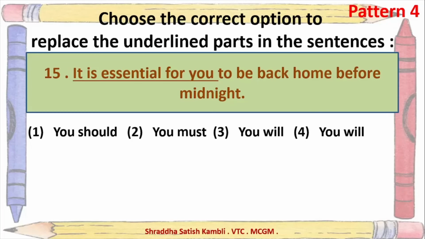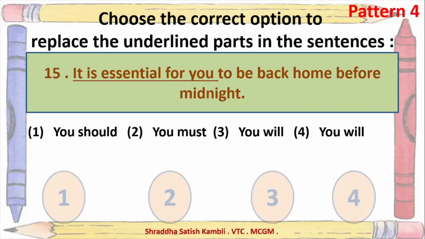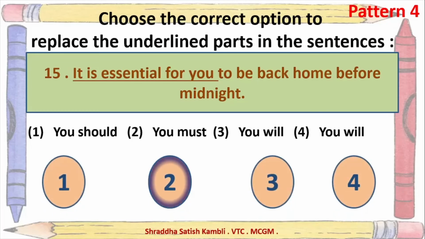Okay, there is no choice for you. So the answer will be option number 2. You must be back home before midnight. This is essential. There is no argument on it. Alright. So we replaced it is essential for you with you must. Okay. So this is how you solve this kind of a question.